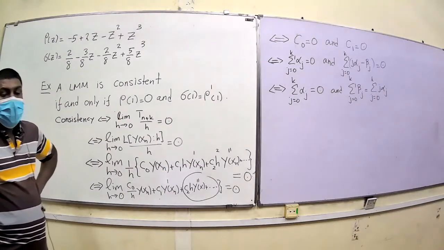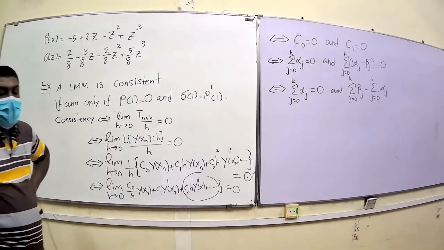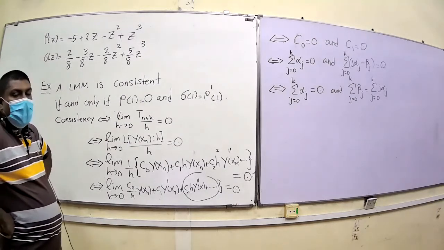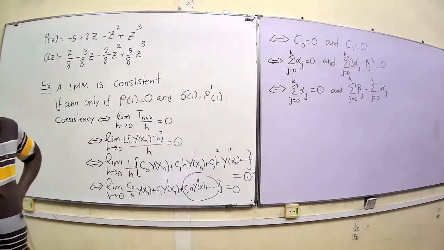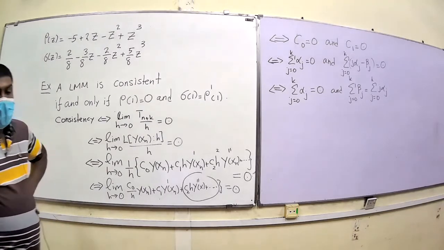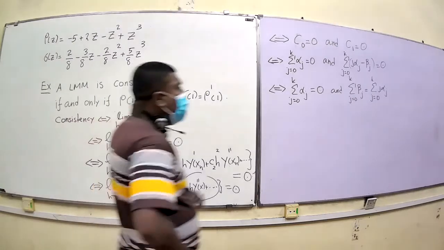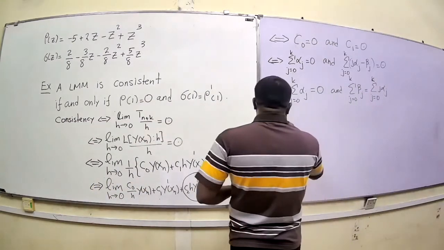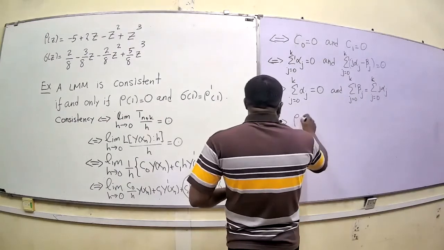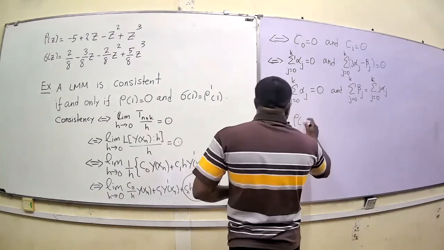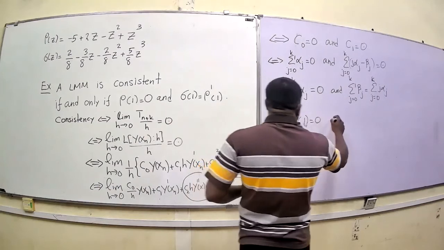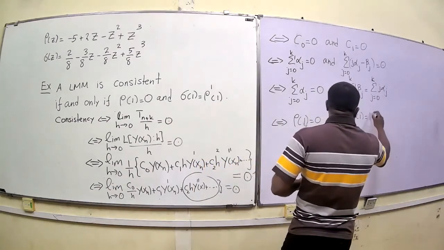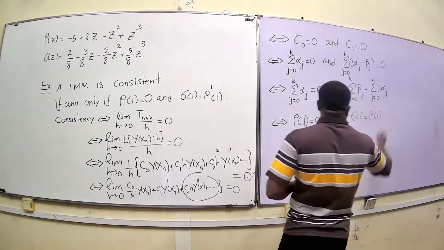And if you take the derivative of the first characteristic polynomial, you will get j times alpha j z to the power j minus 1, and then put z equal to 1. This is basically equivalent to rho of 1 is 0 and sigma of 1 is equal to rho prime at 1.